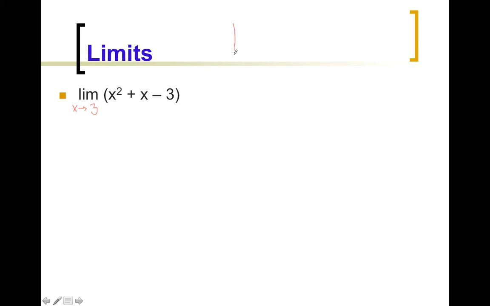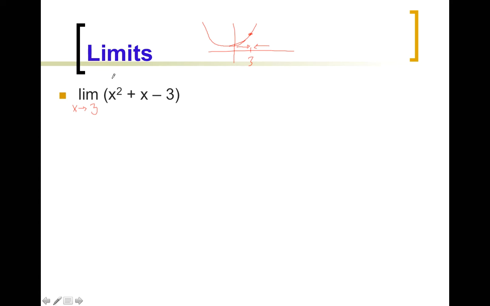We know this function to be some sort of quadratic. And what I want to know is what is happening to this function? Basically, what is the y value getting closer to as we get closer and closer to the x value of 3?